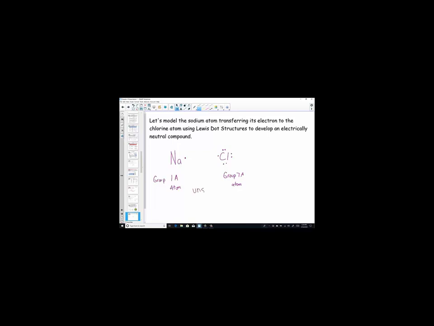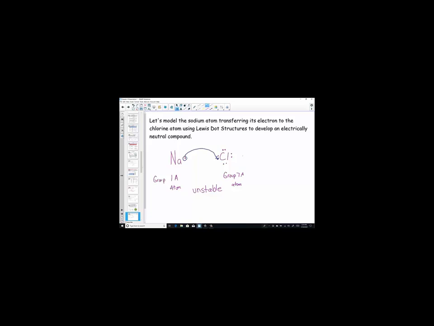Atoms are unstable. They would much rather have a noble gas configuration, and they do so by a transfer of electrons. The sodium electron will be given to the chlorine to form that partnership with that lonely electron. That's the 7th electron unpartnered.